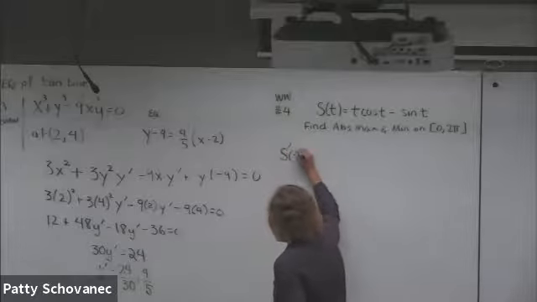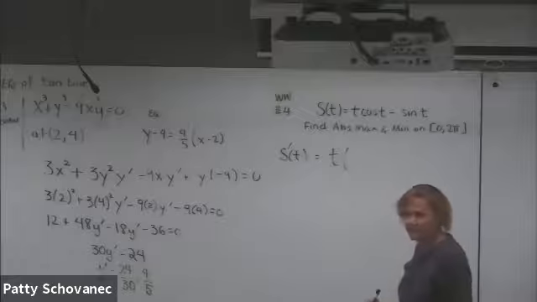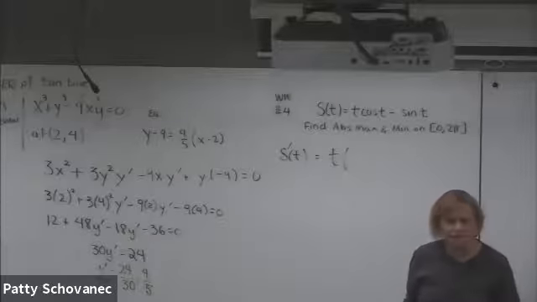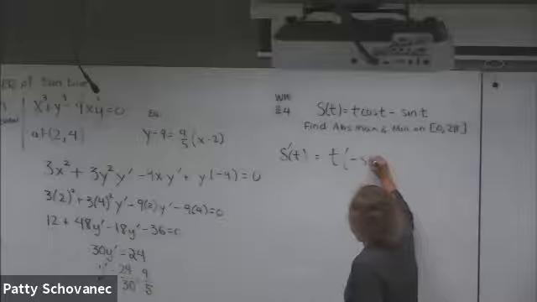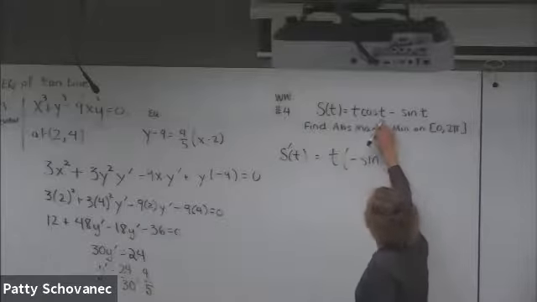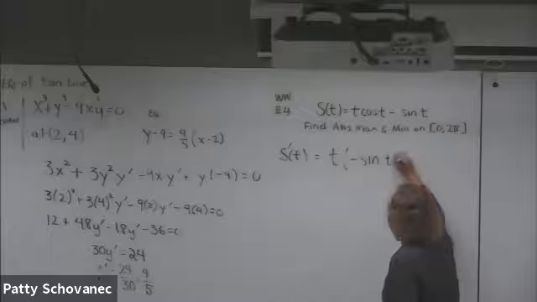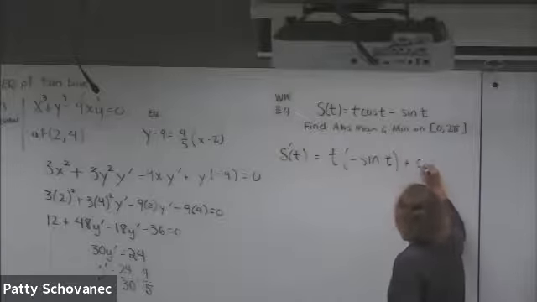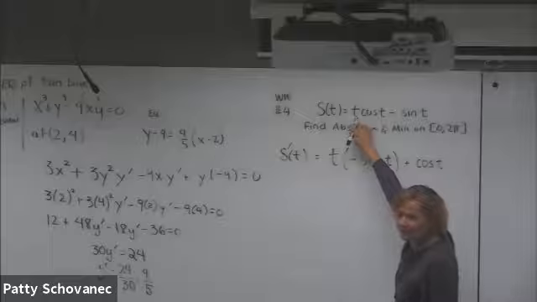S prime of t. The first times the derivative of the second. What's the derivative of the cosine of t? And the derivative of the t inside the cosine is just 1. Then the other way, cosine of t times the derivative of that t, which is just 1.